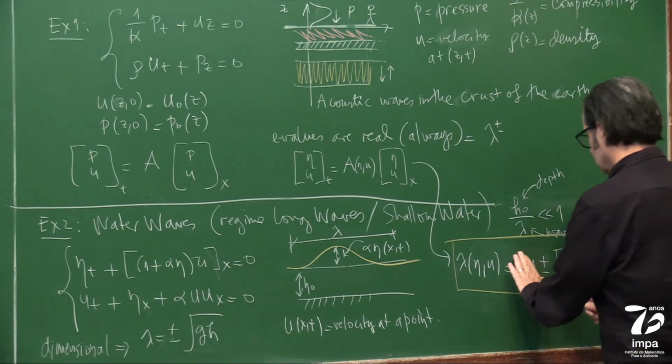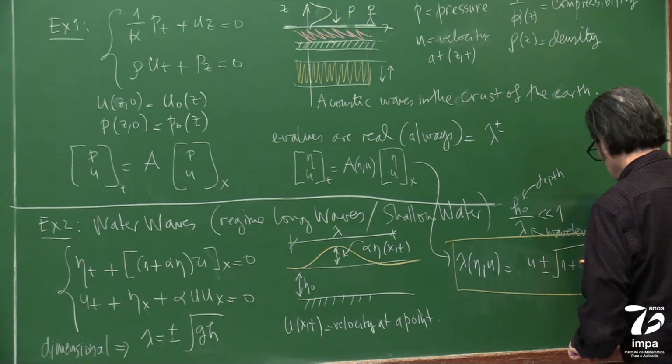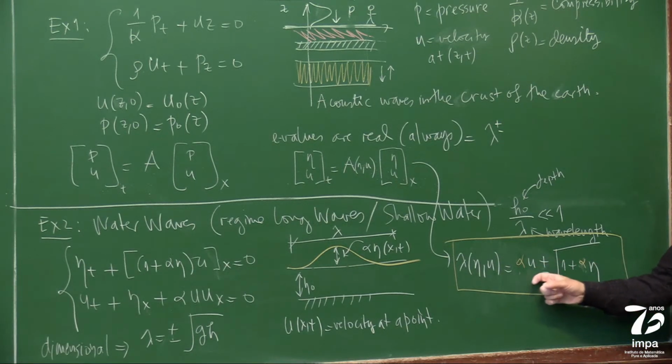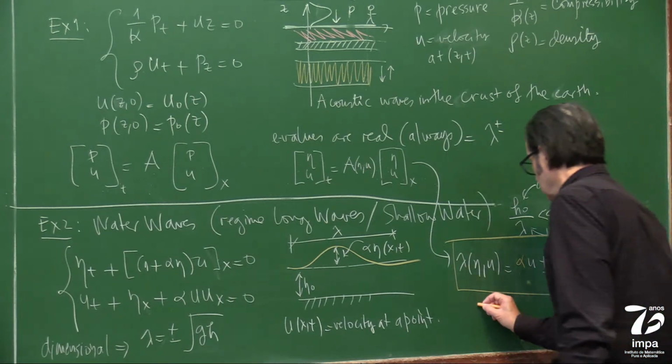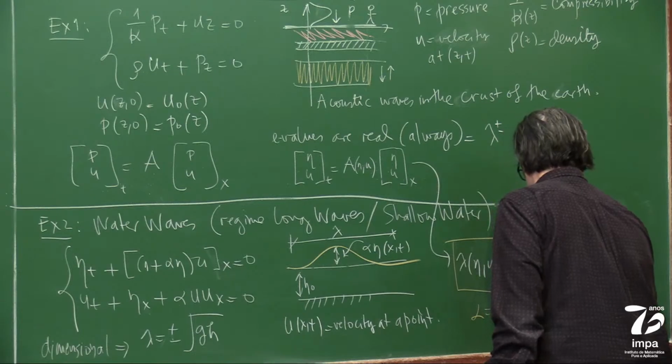And look at this. The system is hyperbolic. The eigenvalues are real. They're distinct, okay? And if I make the nonlinearity, alpha is the nonlinearity parameter.